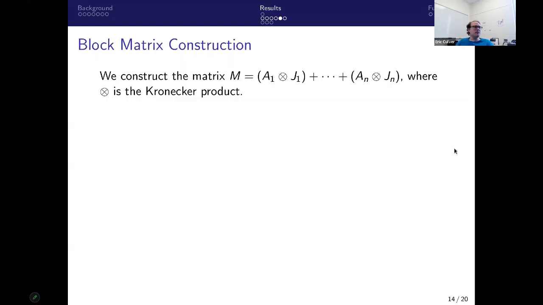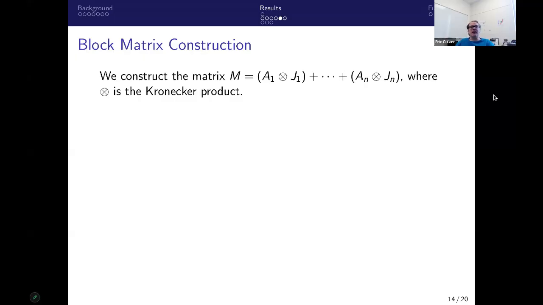And so what we want to do is construct this block diagonal matrix from our A_i matrices and these J_i matrices. I'm using the Kronecker product to show how I'm constructing this matrix.